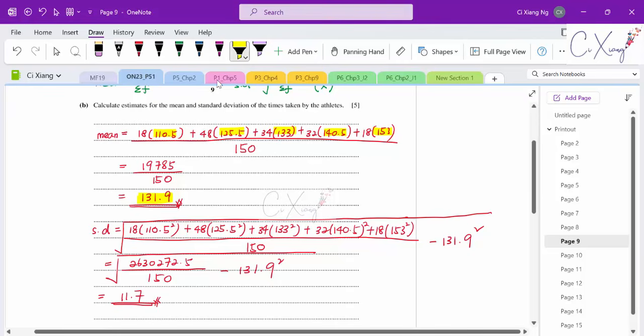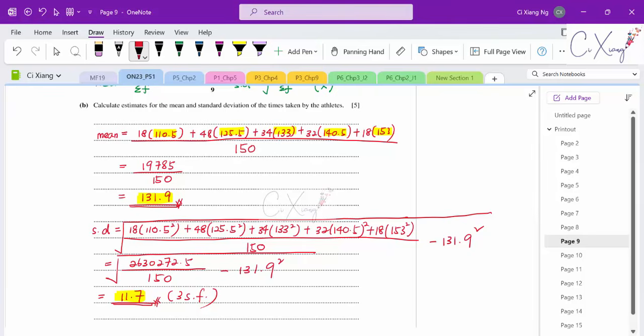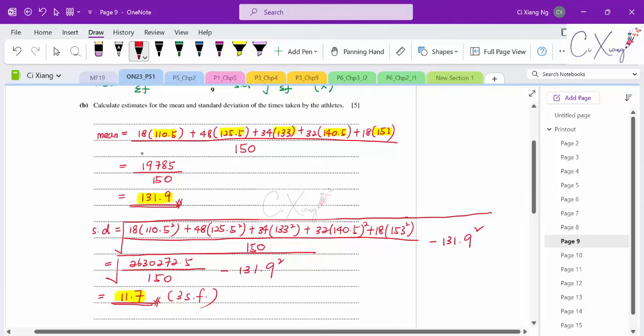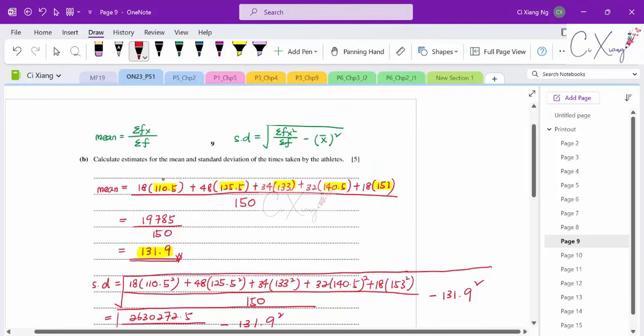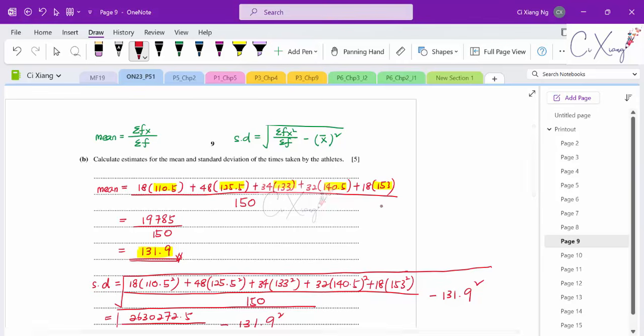This should be your answer, correct to 3 significant figures. Alright, so again, in your calculation for the mean or standard deviation, please make sure that you did show all the midpoints in the step of your solution. Alright, because usually they might give you one method mark point here.